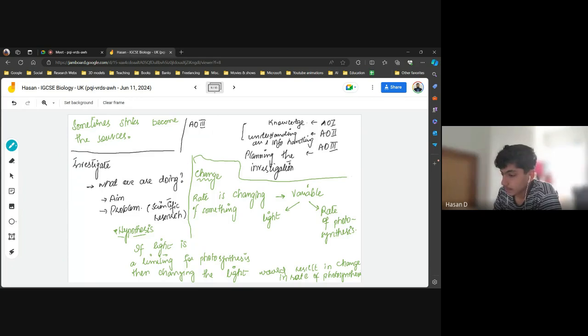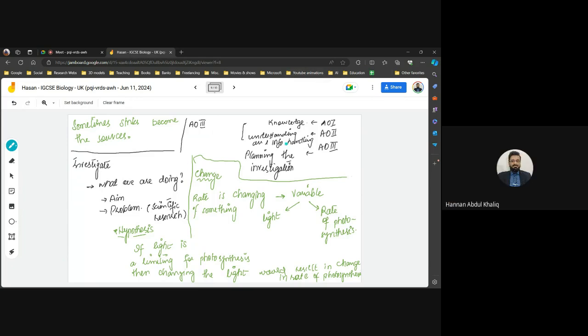The light. The light is being changed by us. Light is varied by us. In this case, light is called the independent variable.